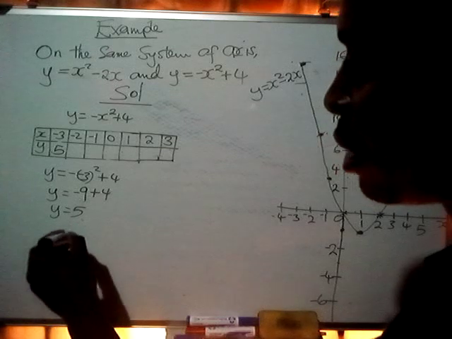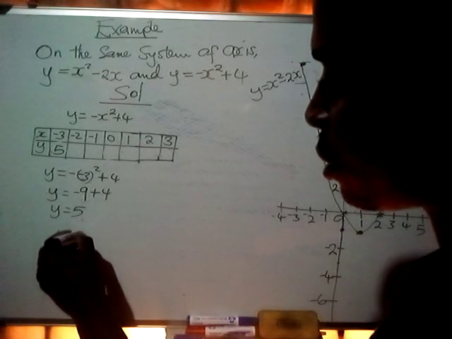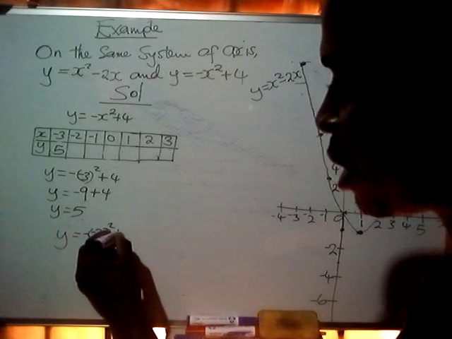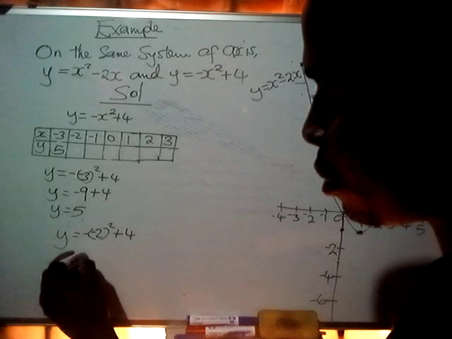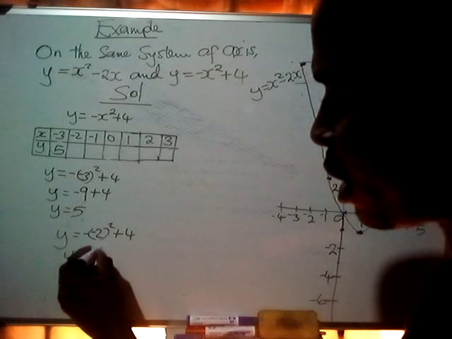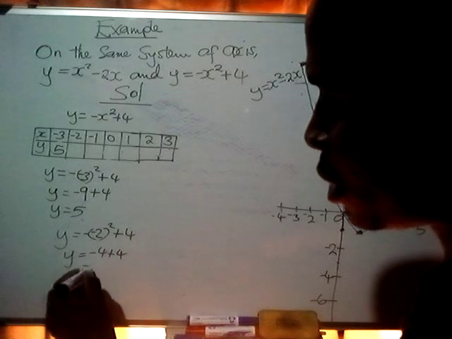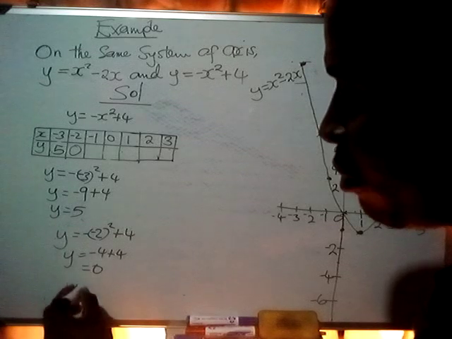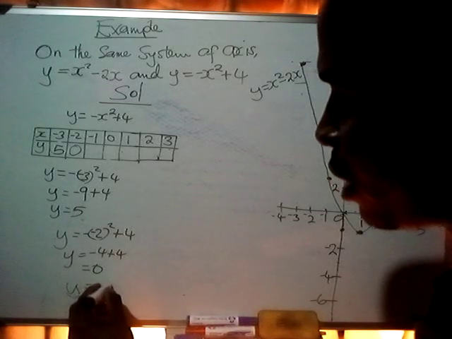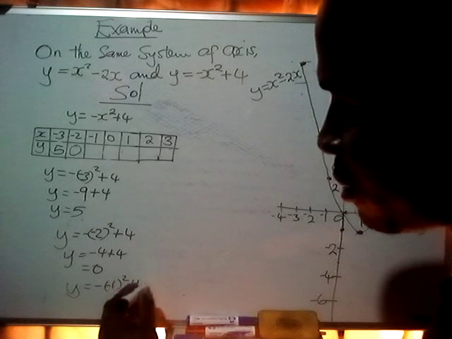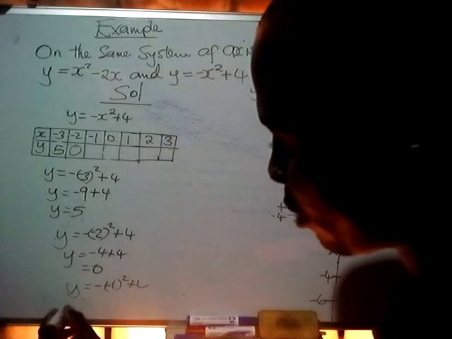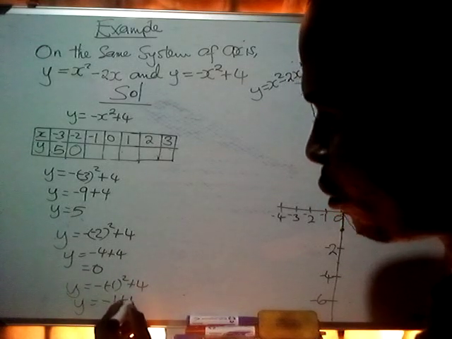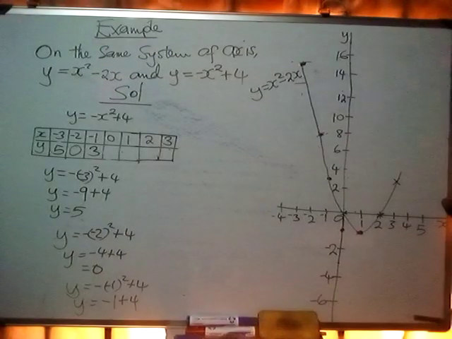Then we go to the next one, which is y is equal to -(-2) squared plus 4. So -4 plus 4, and the answer is 0. So we put a 0 there. Then y is equal to -(-1) squared plus 4, which is -1 plus 4, and the answer is 3.